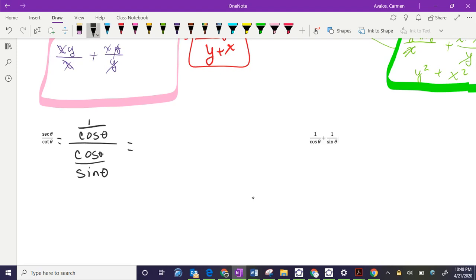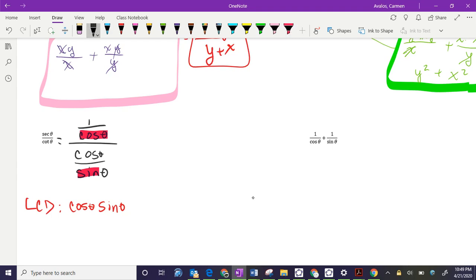In this case, it's cosine and sine. So you're going to do the exact same thing that you did before. We're going to get the lowest common denominator, and the lowest common denominator here is going to be cosine of theta, sine of theta, because that's coming from the denominators of the numerator and the denominator of the denominator.